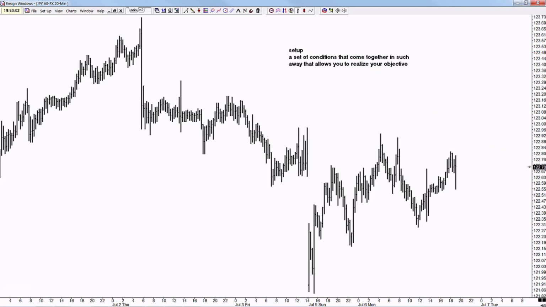Now, this is much different than, say, a mechanical setup, which is how we often approach it. A mechanical setup is like a chemical reaction, right? You get the right chemicals set up for a match, boom, it's going to produce a consistent result. You're not going to get that here in the market because it's not fixed. It's a moving, flowing thing. You're never going to get the exact same circumstances to appear.